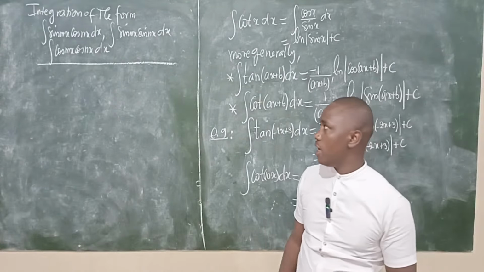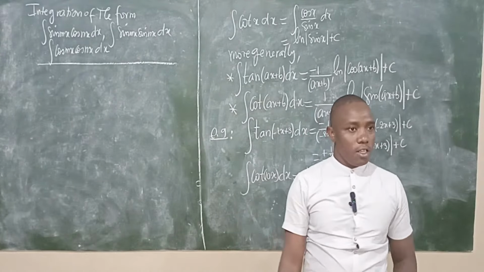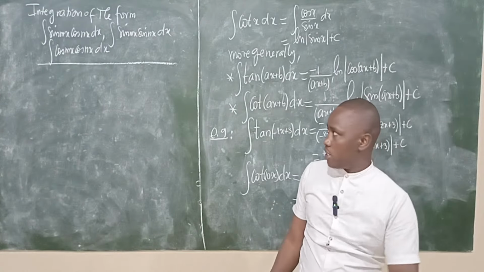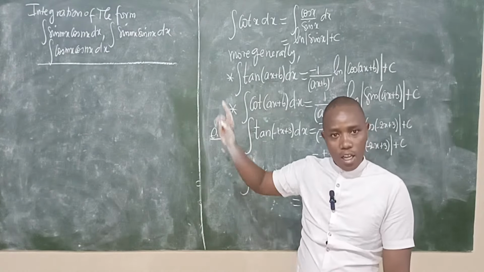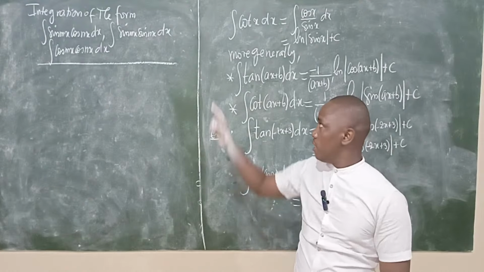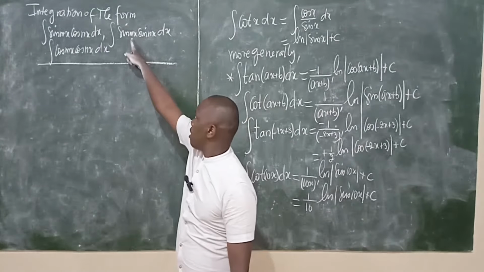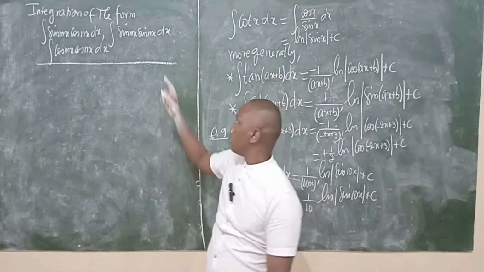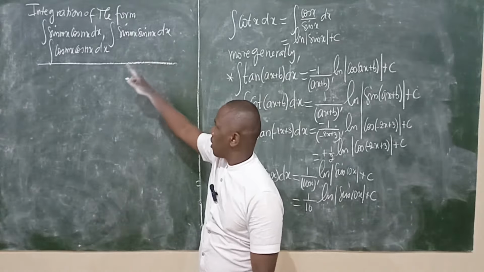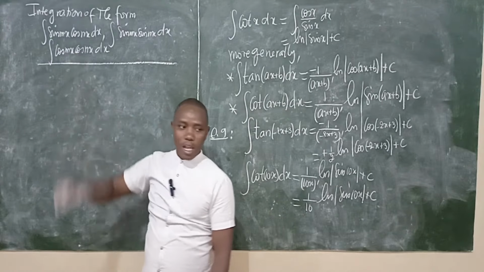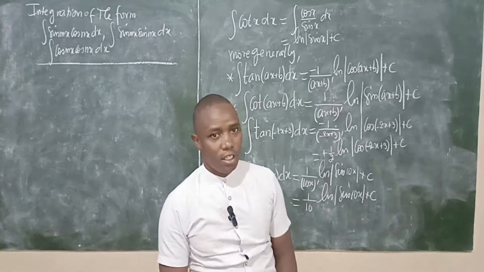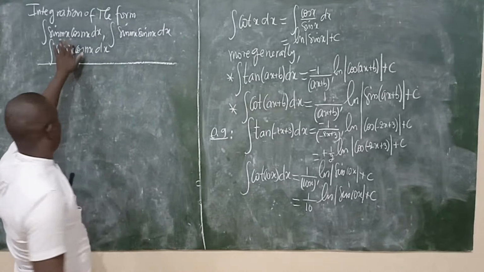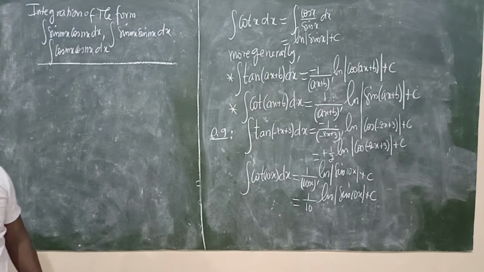What we need is to transform sine mx cosine nx in sum, transform sine mx sine nx in sum, and transform cosine mx cosine nx in sum. That is how to deal with integration of these forms.